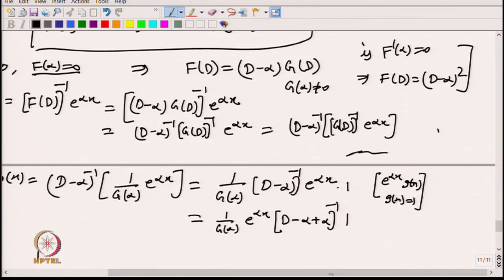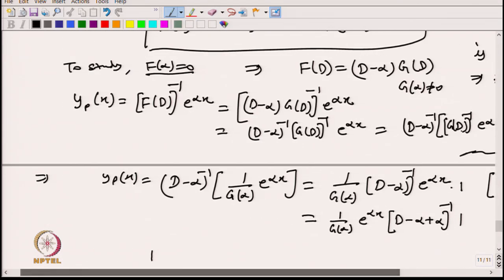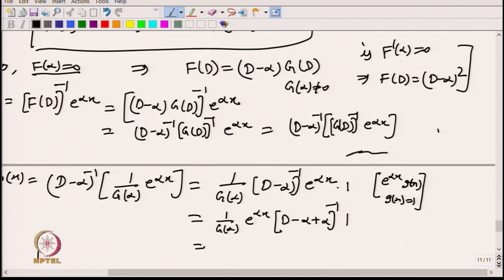Now, this will cancel out. From here it becomes e^(alpha x) over g of alpha into D inverse operating on 1.